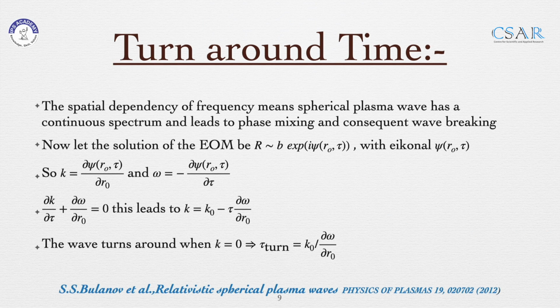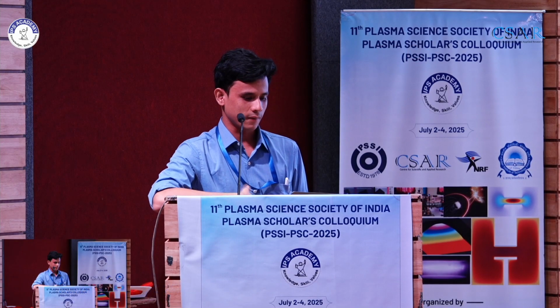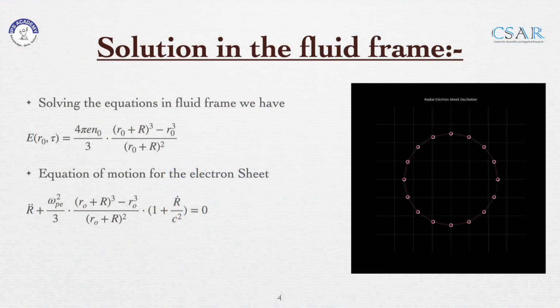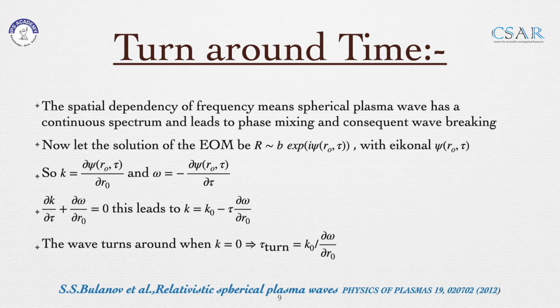Then we go to calculate the turnaround time. For that, we need to excite a wave in the system. So what do we do? For the solution of the equation of motion, we consider an outward propagating wave that is given by the eikonal function psi.